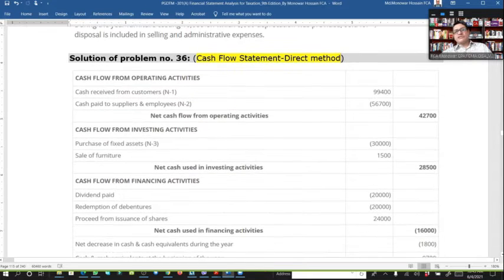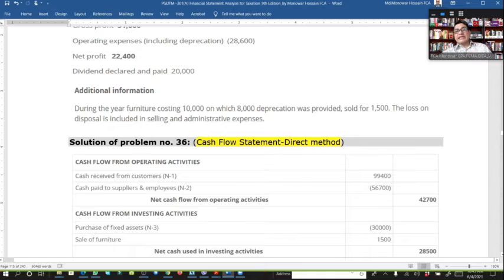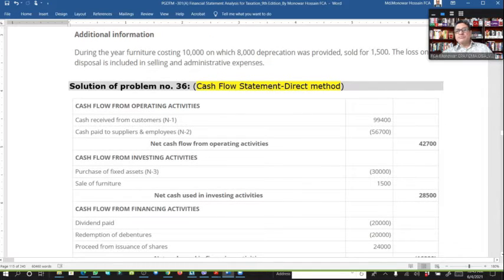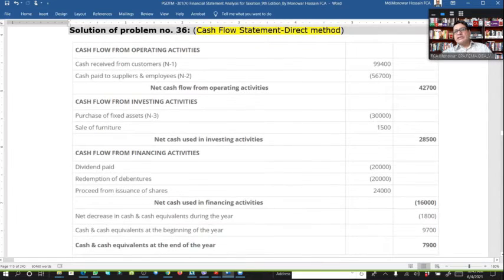This 1,500 is also an investing activity, because furniture, a fixed asset, is an investing activity. So positive and negative together, the cash used in investing activity would be negative, 28,500.